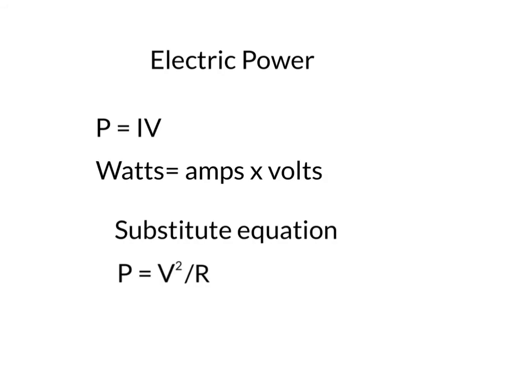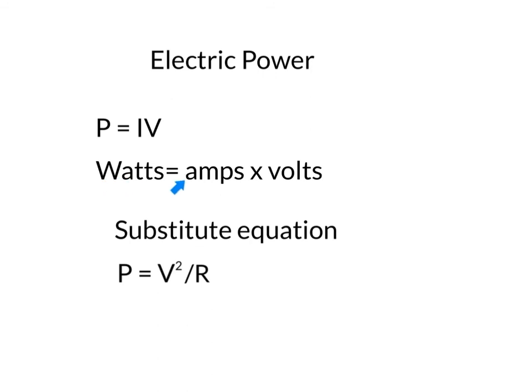Electric power is symbolized capital P. The electric power in a circuit is the rate at which energy is absorbed or produced within a circuit. A source of energy such as a voltage will produce or deliver power while the connected load absorbs it. The quantitative symbol for power is P, and it's the product of voltage multiplied by current, with the units of measurement being watts. So our equation is power equals current times voltage.